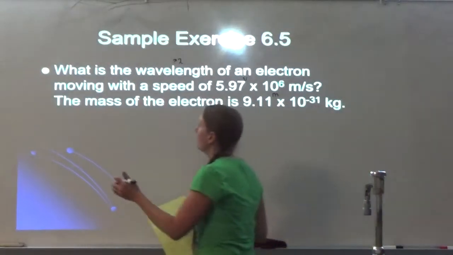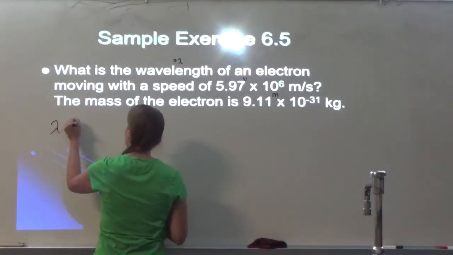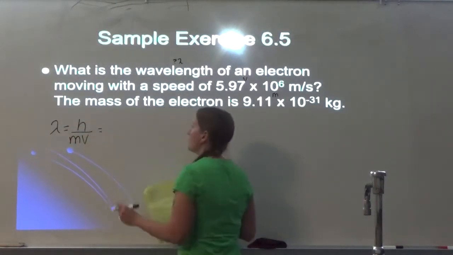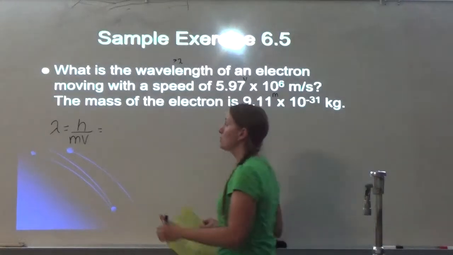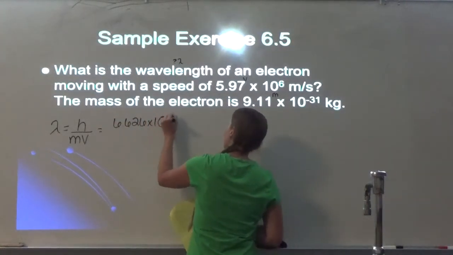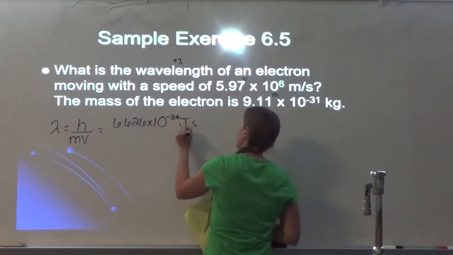Remember, my formula is wavelength equals h over m times v. We have h all the time. That's just Planck's constant, 6.626 times 10 to the negative 34 joules times seconds.